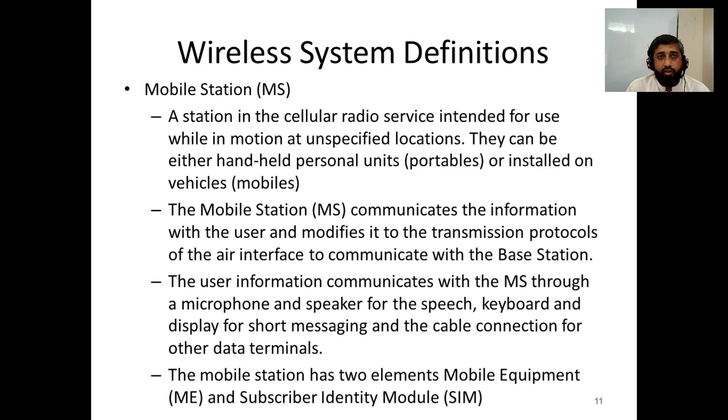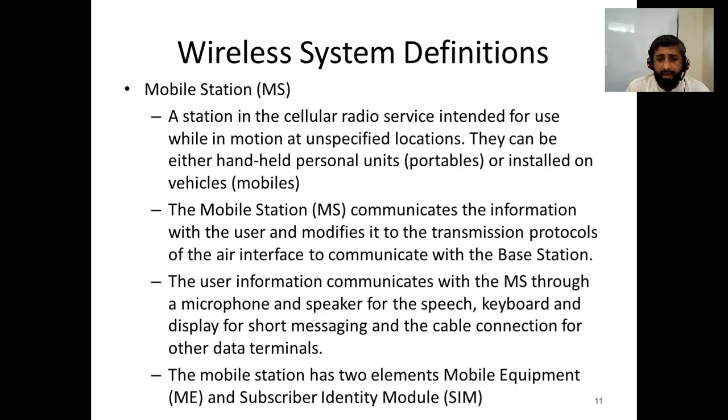The user interface is basically provided with a speaker and microphone that are built into the mobile phone. With the microphone you can input your speech, and from the speaker you can listen to whatever voice signal is coming. Similarly, it has a keyboard, it has a display to display messages, and at the back end, a mobile phone is equipped with antennas and other necessary circuitry, so that it can establish the communication with the base station.